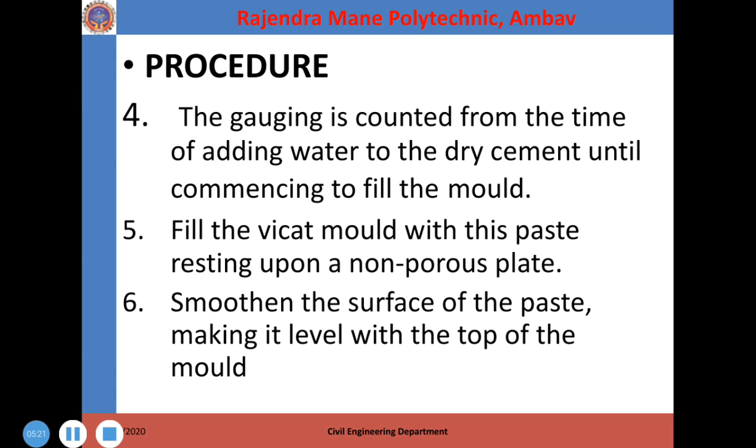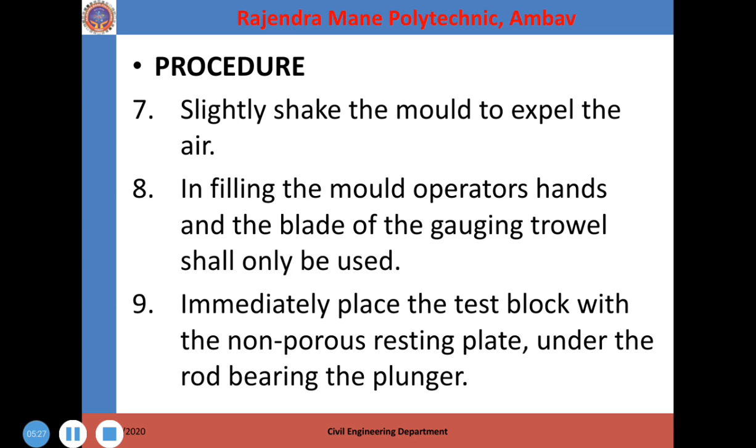Then smoothen the surface of the paste, making it level with the top of the mold. Then slightly shake the mold to expel the air from the cement paste. In filling the mold, the operator's hands and the blade of the gauging trowel shall only be used.